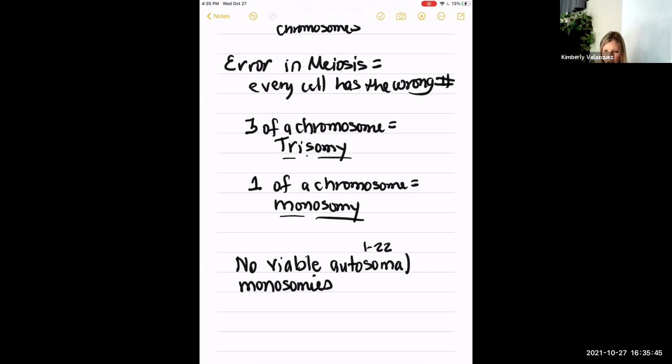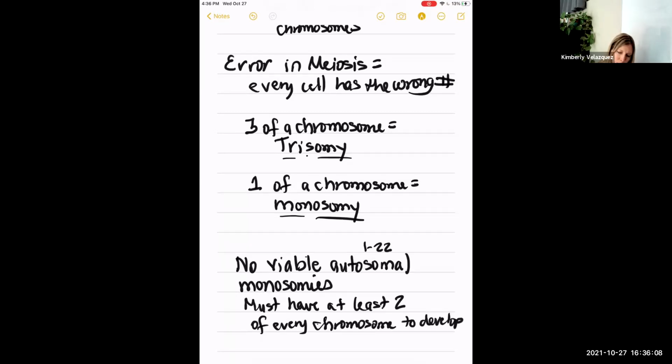You can't just have 1 of any of your autosomes. You must have at least 2 of every chromosome to develop.